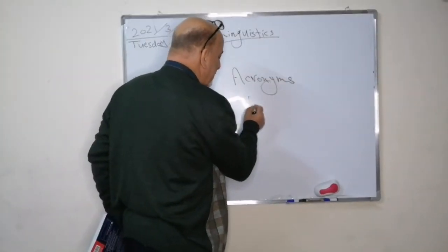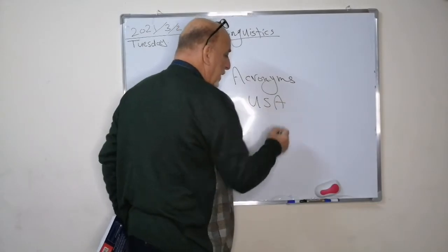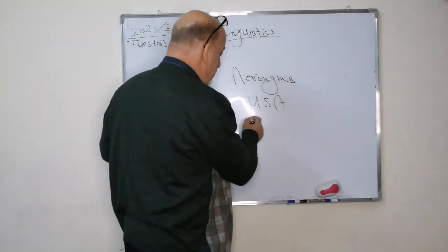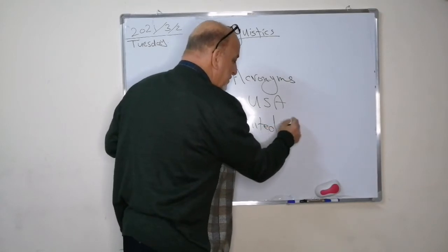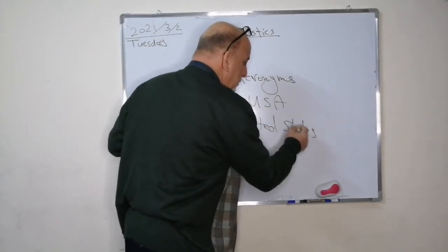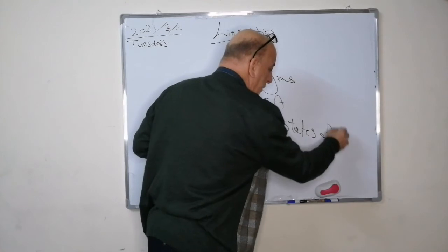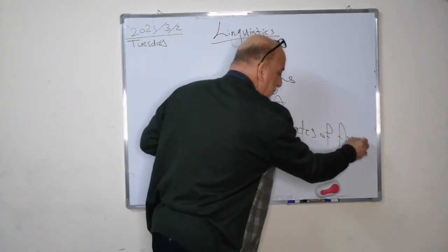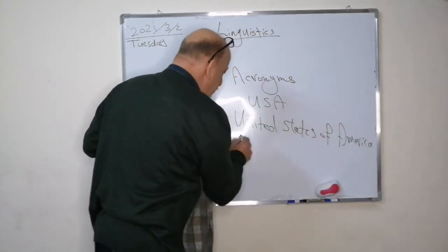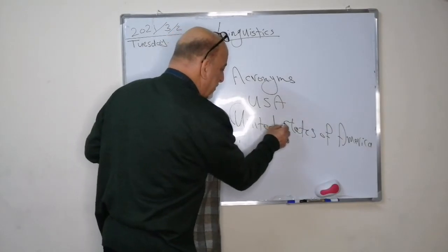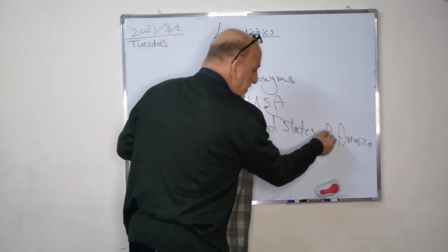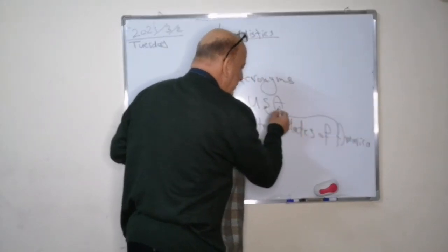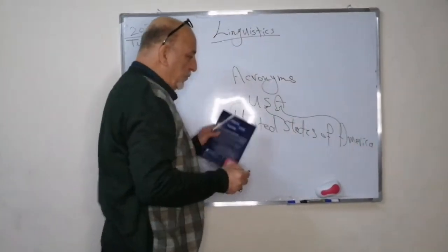In acronyms, sometimes, for example, USA. Here, United States of America. So we took the U, the initial letter, and we took S from States, then we took America. So we have USA.